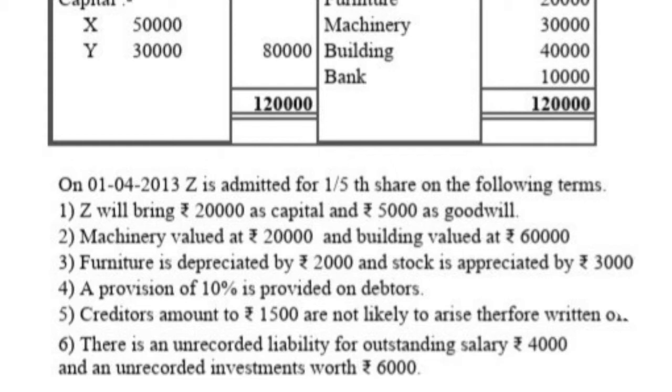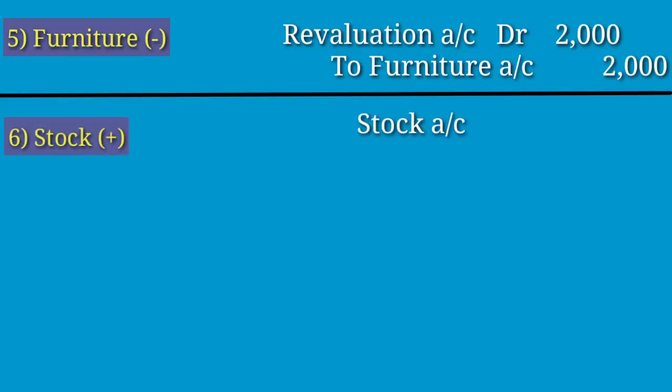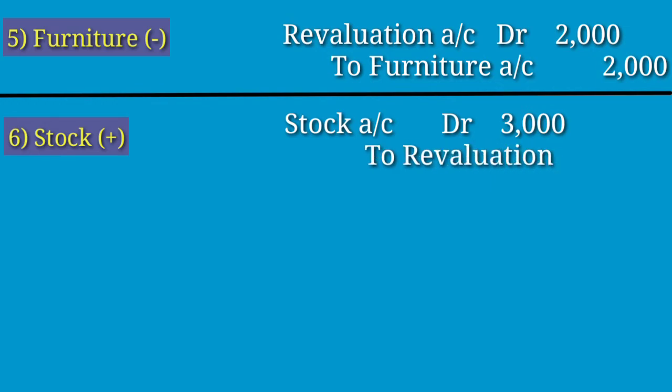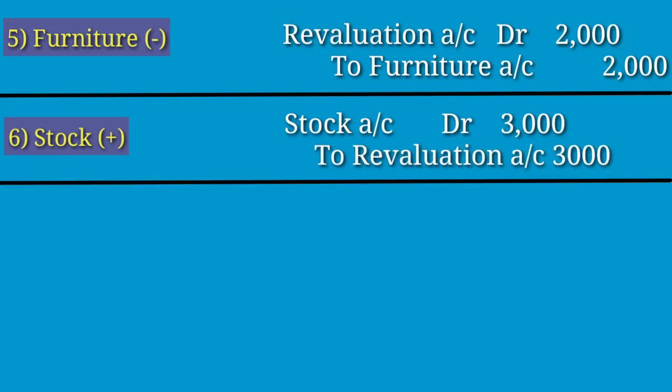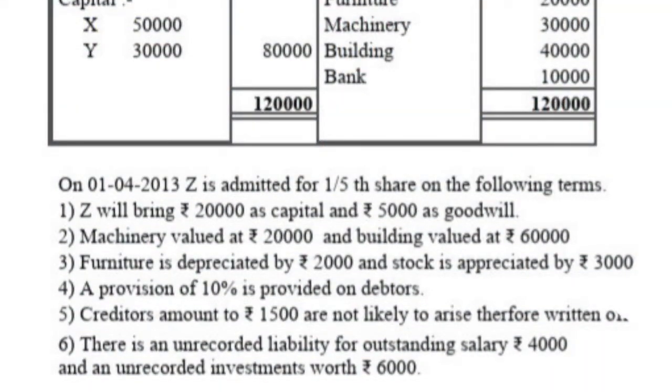So 3000 is the profit. So what will we do? We will debit the asset and credit the revaluation. So the journal entry is stock account debit 3000 to revaluation account 3000. The next term, a provision of 10% is provided on debtors.